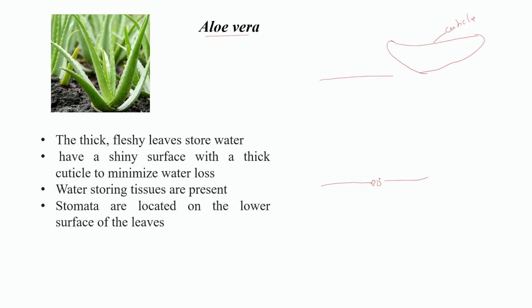Okay, then you will have some palisade like layer which will be found on both the surface. Okay, palisade like tissues will be found, and after palisade you don't have that spongy parenchyma. This is all palisade layer.